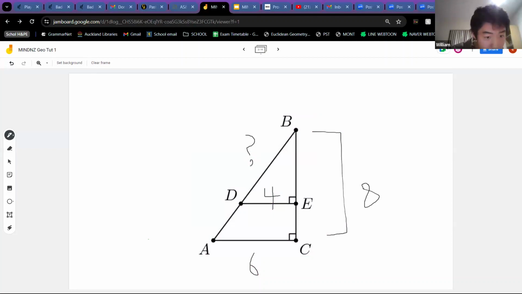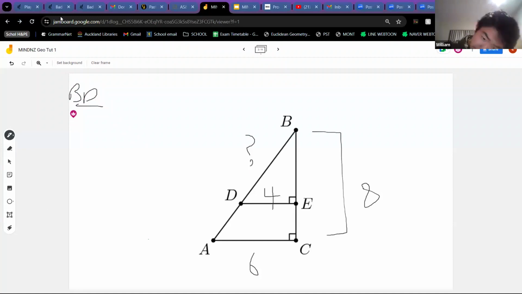So we know that the ratio of BD to DE is equal to BA to AC because these two triangles are similar.